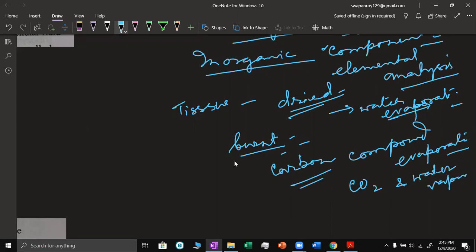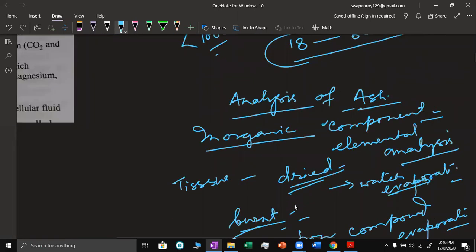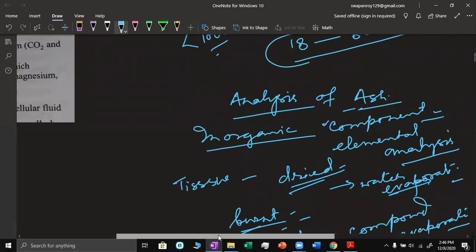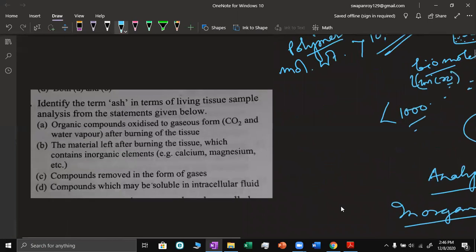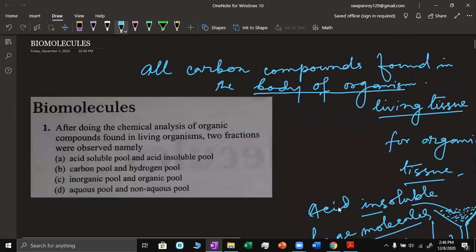The remnant is the ash, and that ash is analyzed for the presence of different elements and their percentage, which one is more, which one is less. This is the general method by which we can analyze the elemental component or the chemical analysis of the tissue of a living organism.